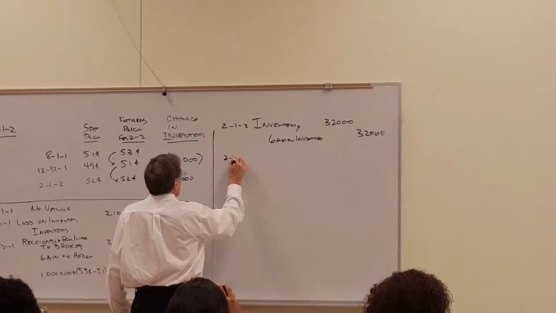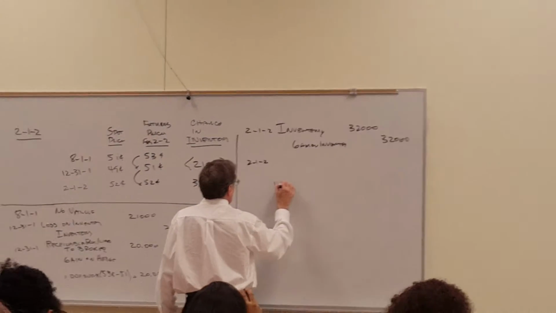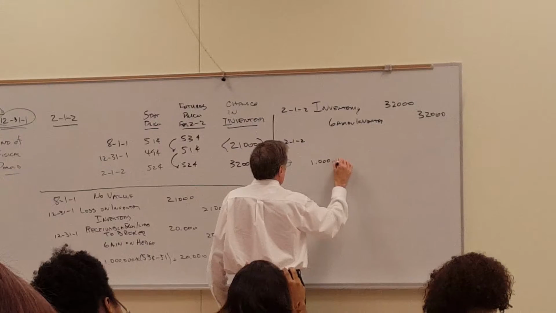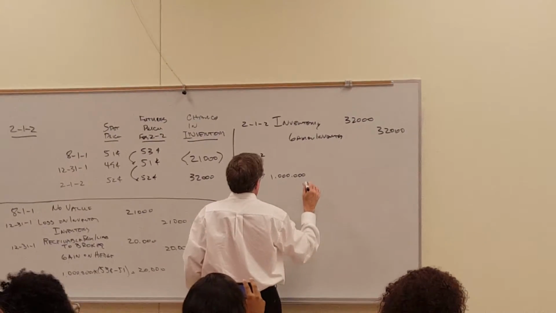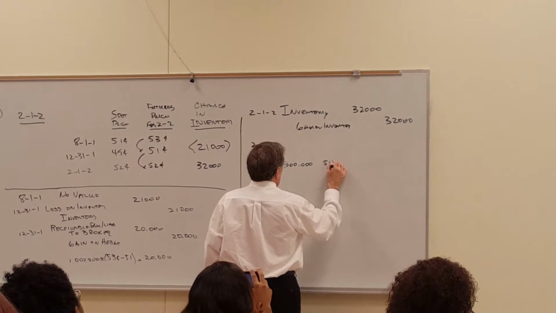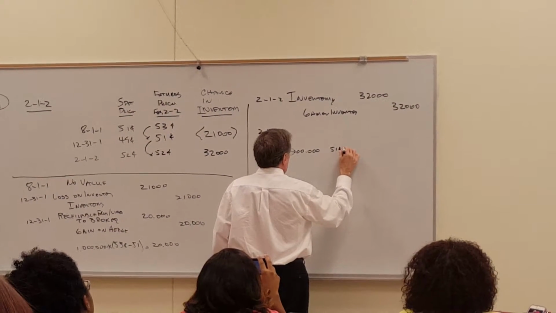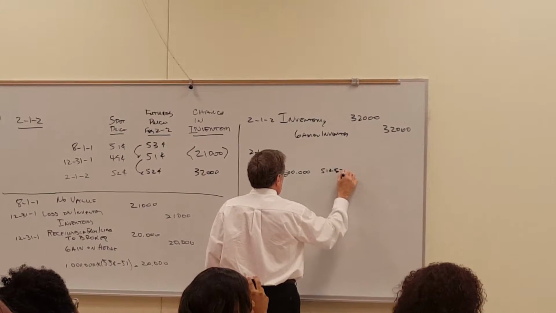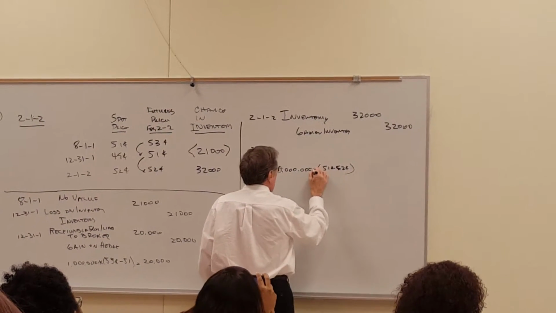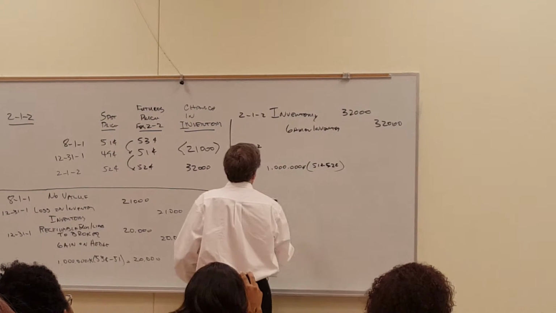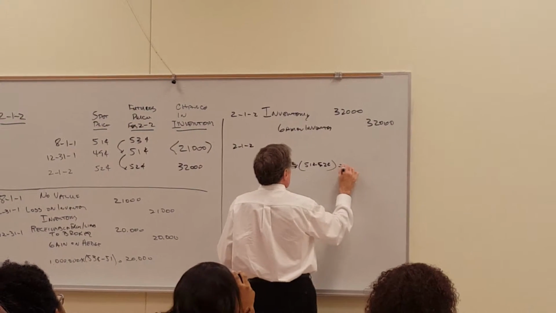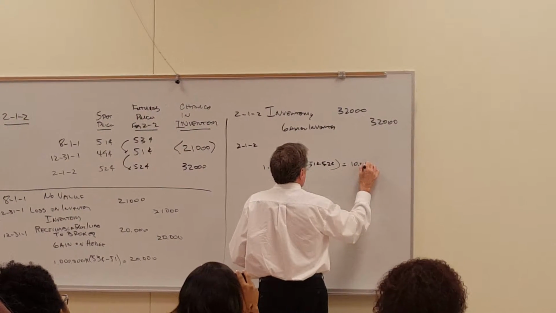We have the change in the value of the derivative. We have 1,000,000 pounds. We had valued it at 51 cents. It's gone to 52 cents. So we've had a loss of a penny. That equals $10,000.